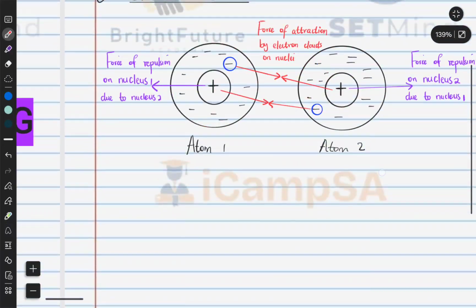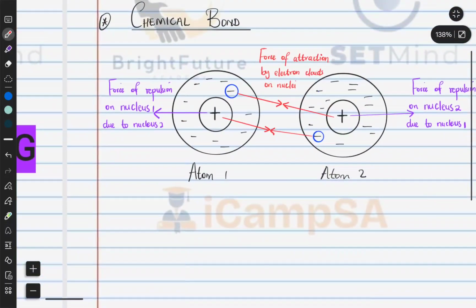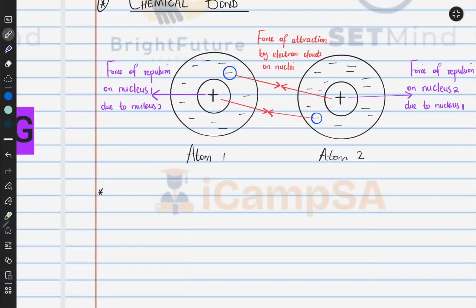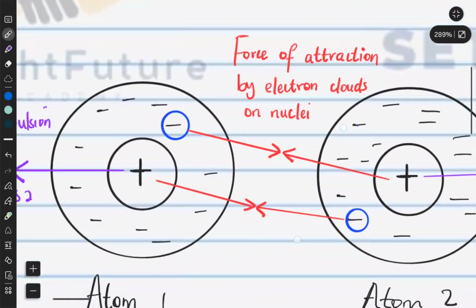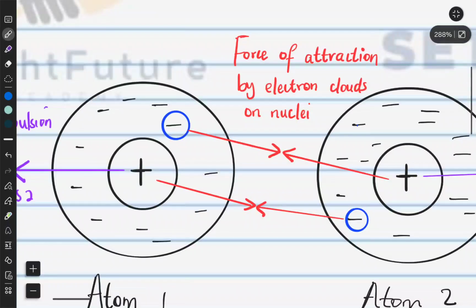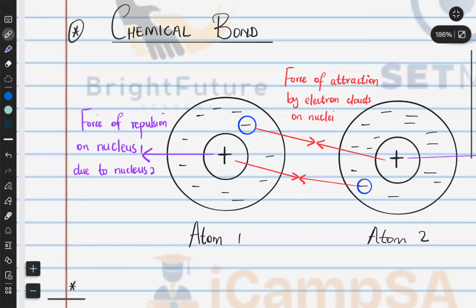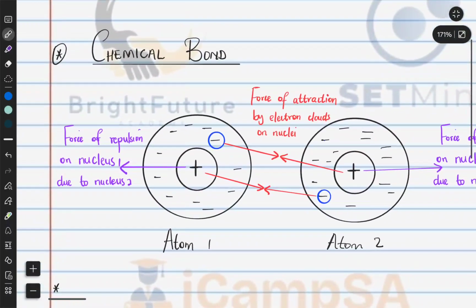So now a chemical bond by definition becomes a mutual attraction between two atoms, which results from this simultaneous attraction between their nuclei and their outer electrons. All right, so that's how we typically define a chemical bond.